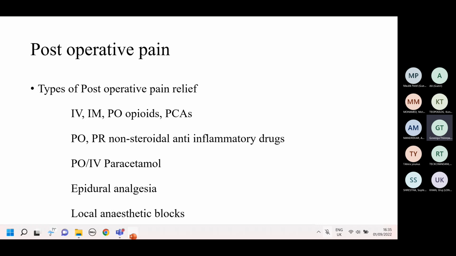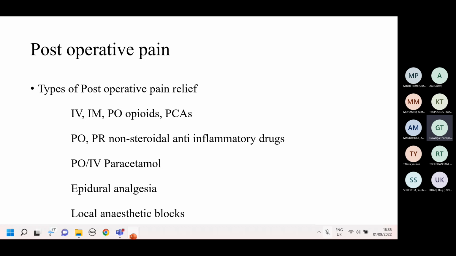Let's discuss post-operative pain. As you all know, it's about pain relief. We can give various modes and routes of analgesia: intravenous, intramuscular, oral opioids, and other mild and moderate analgesics on the ladder.